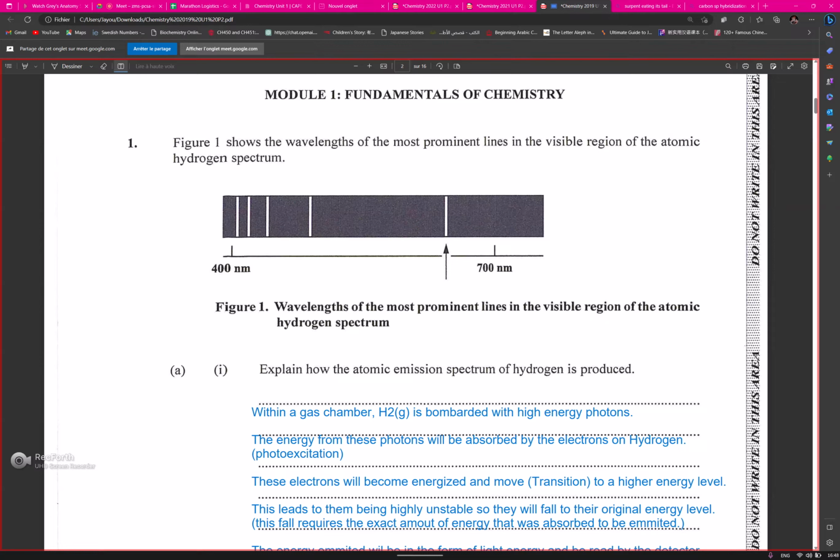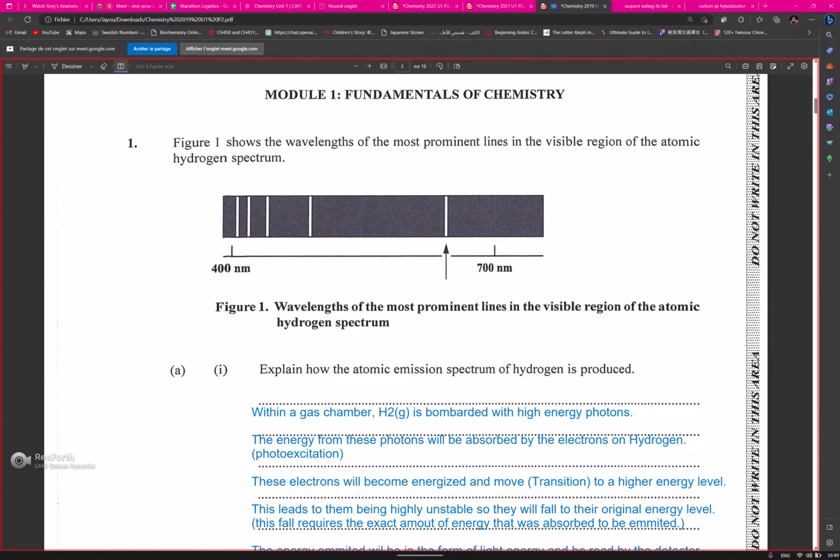So it's this one and this one and this one and this one. They are specific and discrete because the energy required to absorb is really specific. That will emit the same amount of energy that is absorbed after the electron becomes unstable and releases that energy and goes back to its original state.